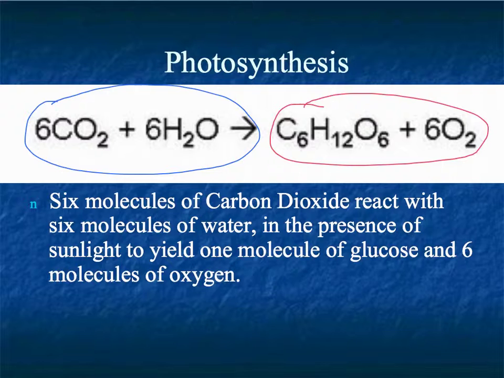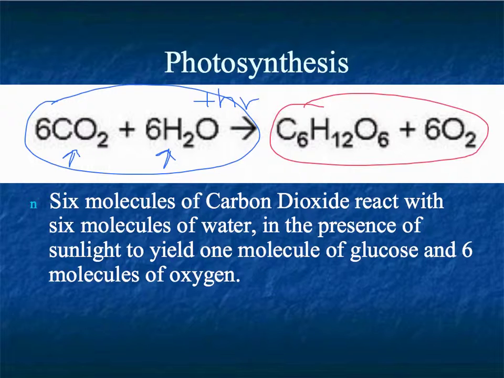So what needs to go into photosynthesis? We have carbon dioxide, water, and the one that's not on here but we do need is sunlight. Lots of times you might see it as hv. So if you see this written down, it means energy from the sunlight.